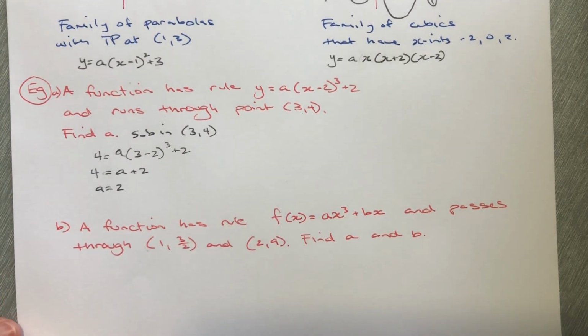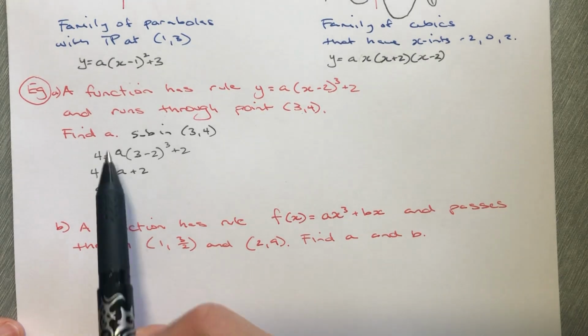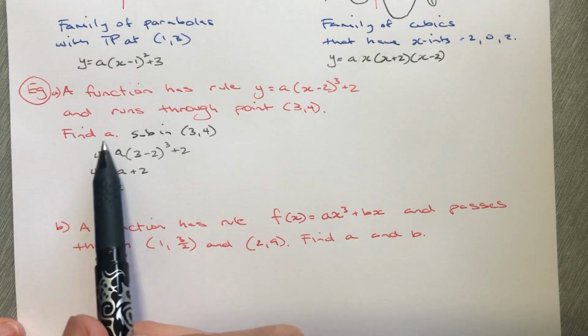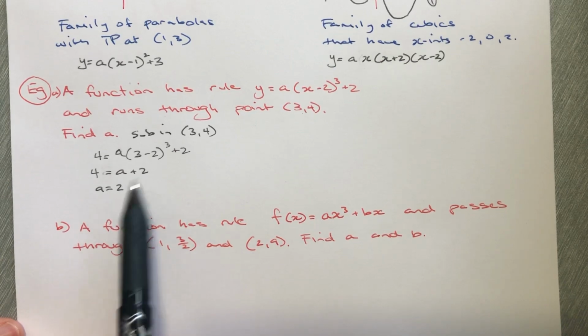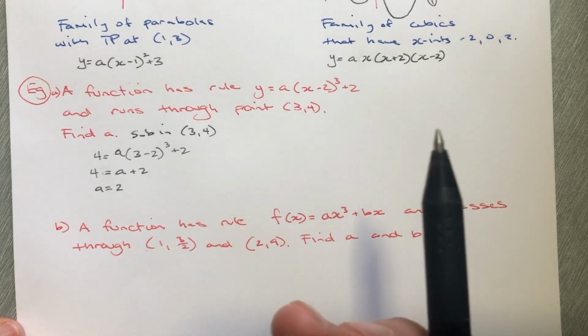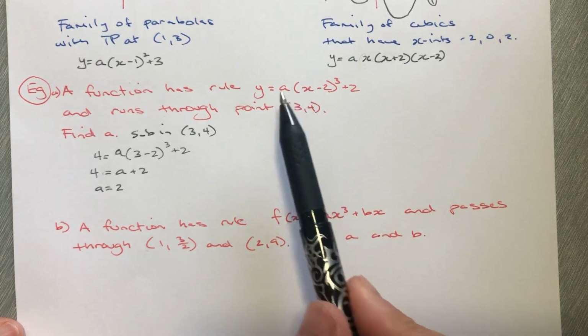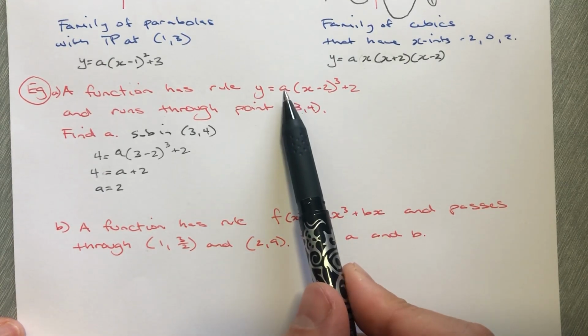So we worked out that a is 2. Remember, or note that it just says find a. So we found a there. It didn't tell us to put a back into the rule. If it had said find the rule, we would have had to write this out, except put 2 in there instead of a.